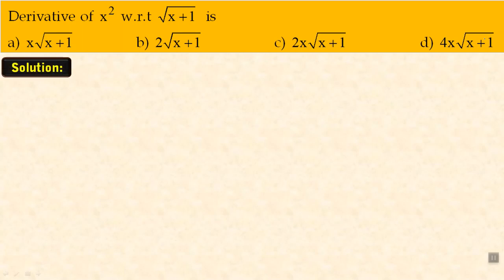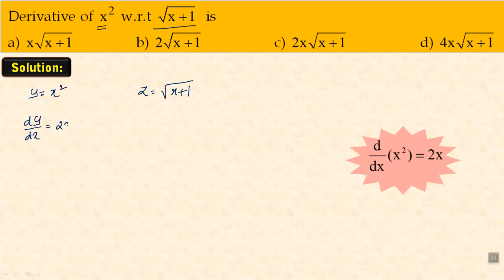Let us find this. Let y is equal to x square and z is equal to square root of x plus 1. Here differentiating with respect to x on both sides, we get dy by dx is equal to, differentiation of x square is 2x. Here differentiating with respect to x, we get dz by dx is equal to, consider here x plus 1 as f of x.